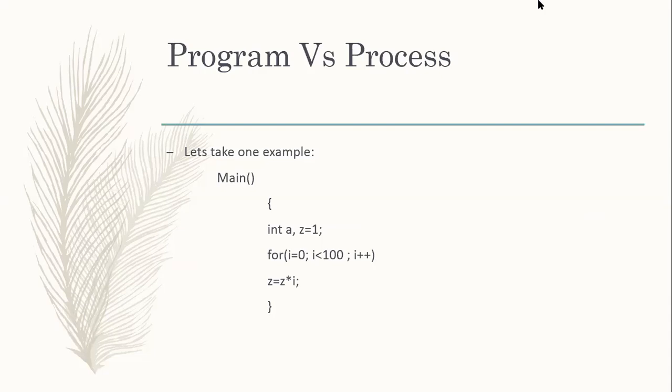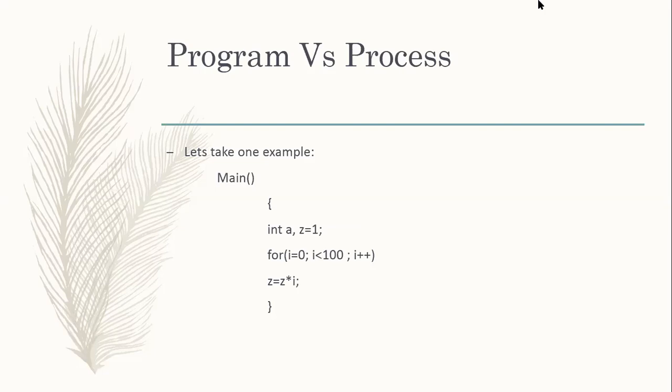As you can see, the program is a program containing one multiplication statement, that is z is equal to z star i. But the process will execute this z is equal to z star i 100 times by using the previous line, that is the for loop.